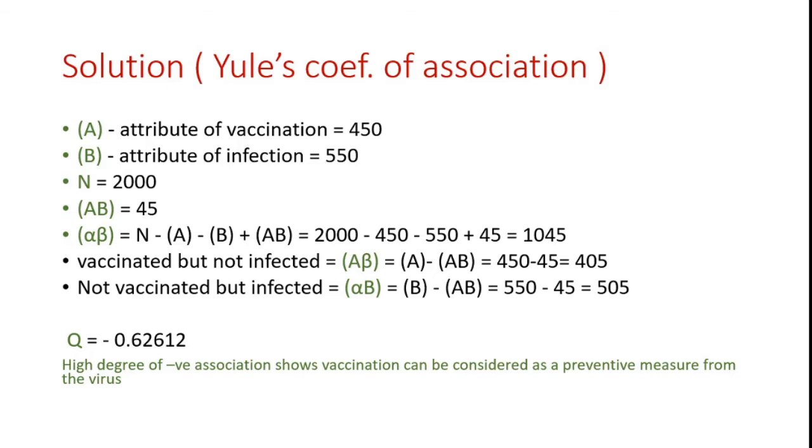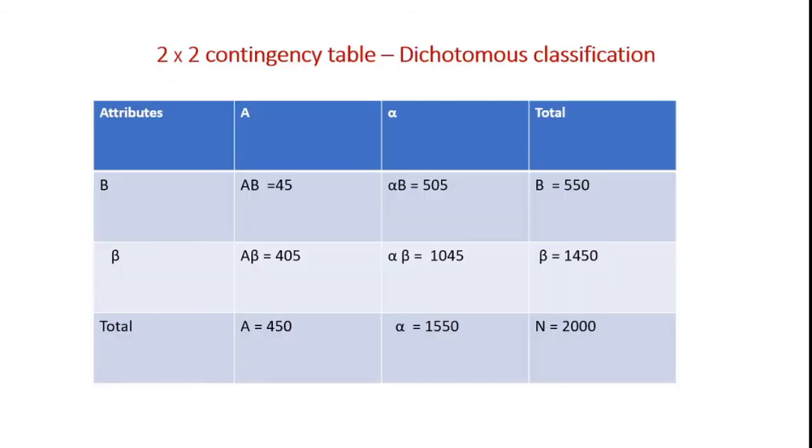So this is the very basic model of a dichotomous classification, and similarly the way it is done is a 2x2 contingency table is designed for this kind of classification.